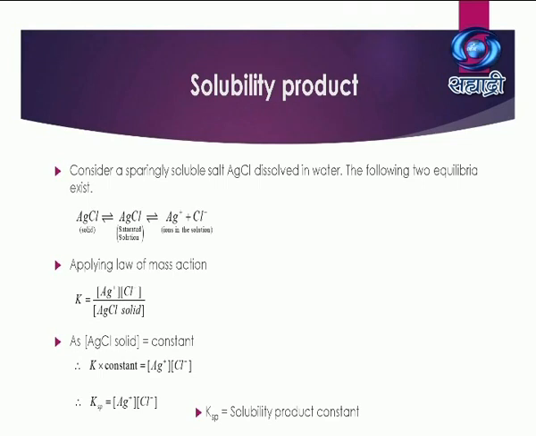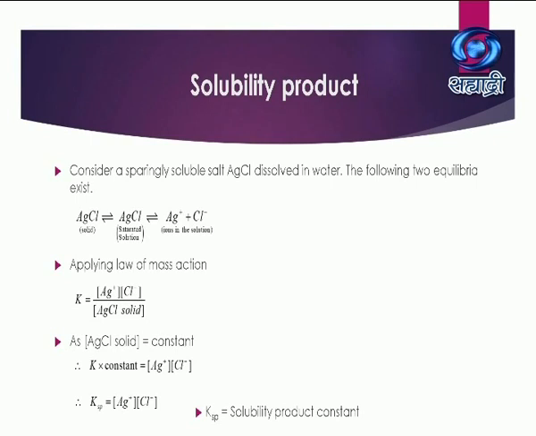But we saw earlier that most of the solid remains undissolved, so the concentration of AgCl solid, the denominator term, I am going to consider as constant, because the 98 molecules which remain behind is almost the same as 100, very close to 100.